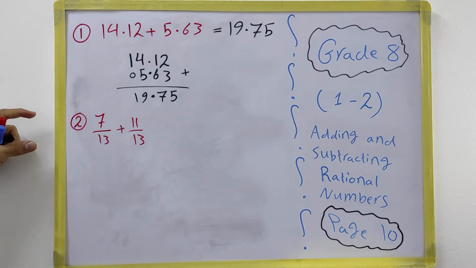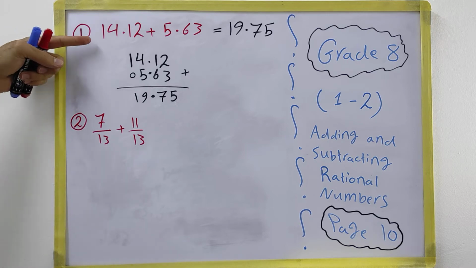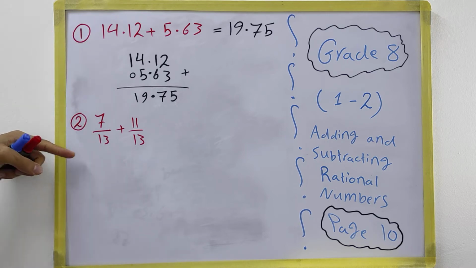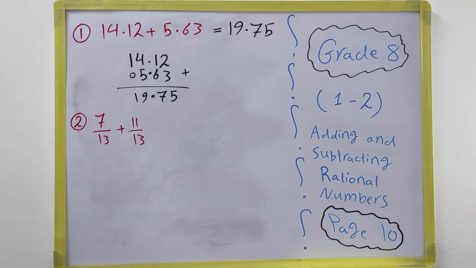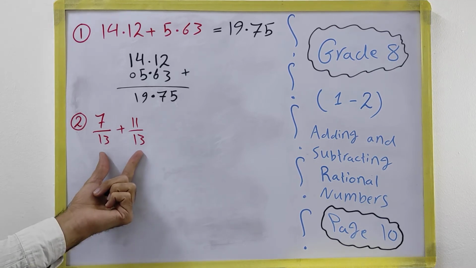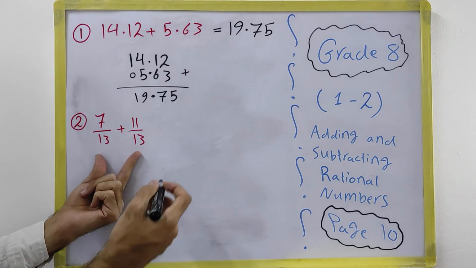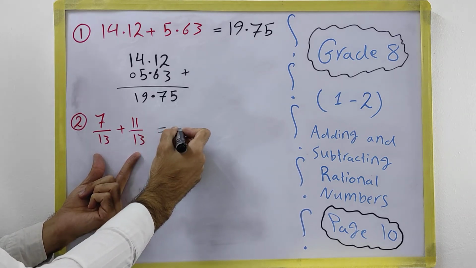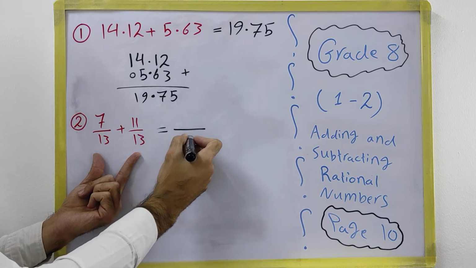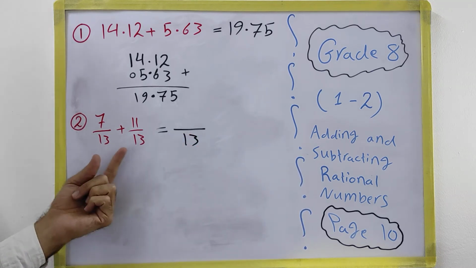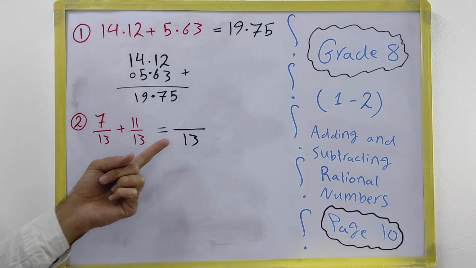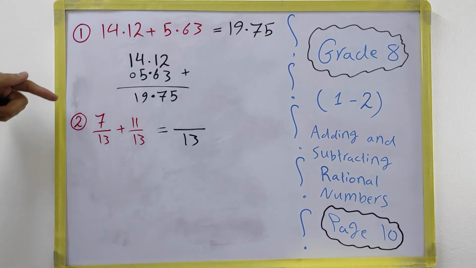Then if we have fractions, here again we have an important rule to always use, which is that we need the same denominator. If we have the same denominator, we write the same one. Both of them 13, we write 13.